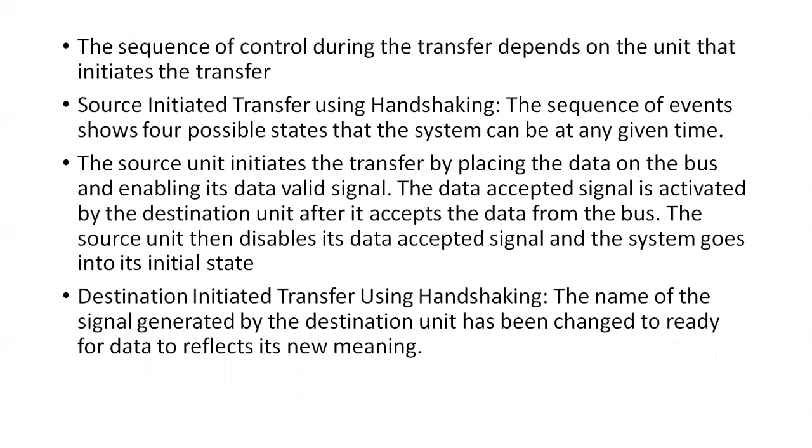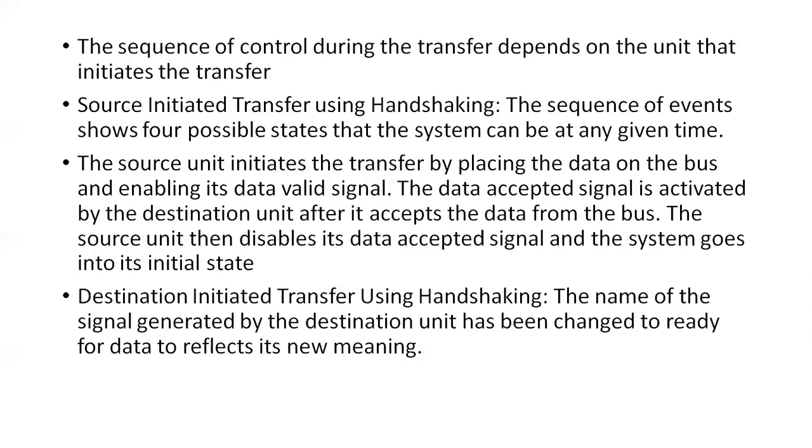The source unit initiates the transfer by placing the data on the bus and enabling its data valid signal. The data accepted signal is activated by the destination unit after it accepts the data from the bus. The source unit then disables its data valid signal, the destination disables its data accepted signal, and the system goes into its initial state.